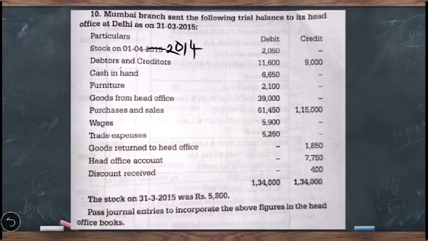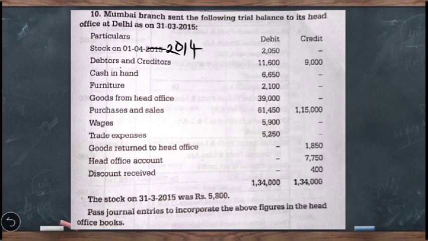In the trial balance, they have given stock on 1/4/2014, nothing but the opening stock, 2,050. Debtors 11,600, creditors 9,000, cash in hand 6,650, furniture 2,100, goods from head office 39,000, purchases 61,450, sales 1,15,000, wages 5,900, trade expenses, an indirect expense which we debit to the profit and loss account, 5,250, goods returned to head office 1,850, head office account in the books of branch showing 7,750 credit balance, and discount received, which is an income, 400.